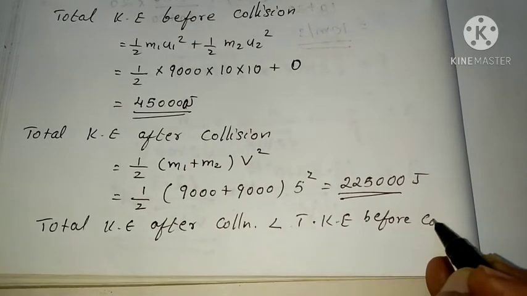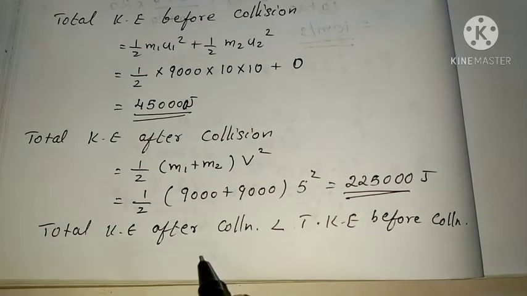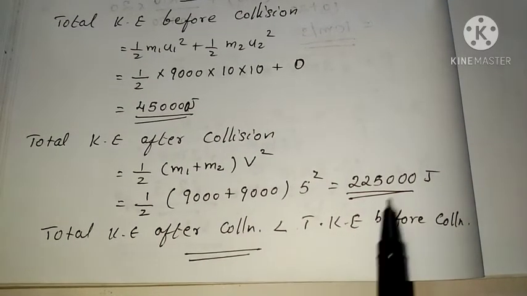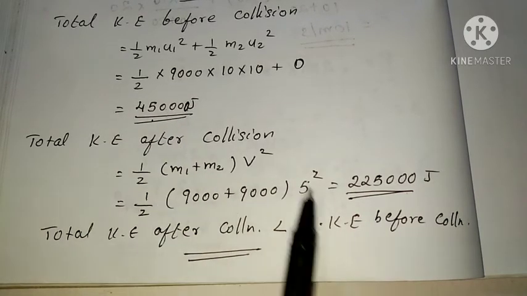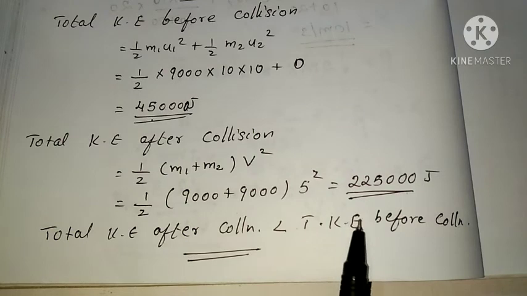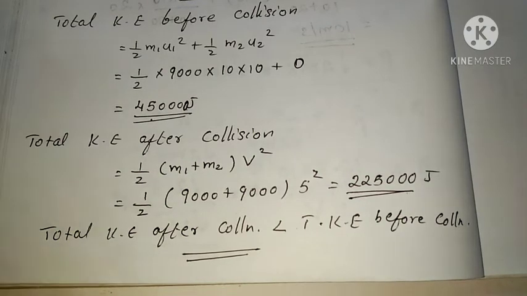So here some loss of kinetic energy is there. Clear? Because kinetic energy after collision is less than kinetic energy before collision. So kinetic energy is not conserved in the collision. So we can say that the collision is inelastic. There is some loss of kinetic energy.